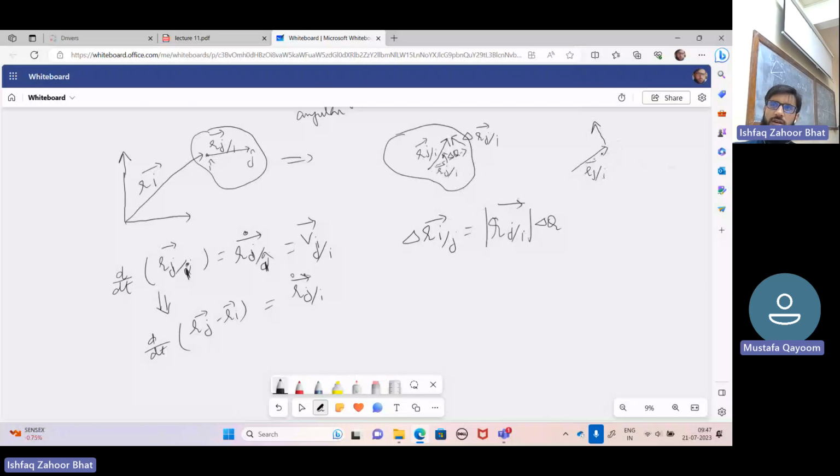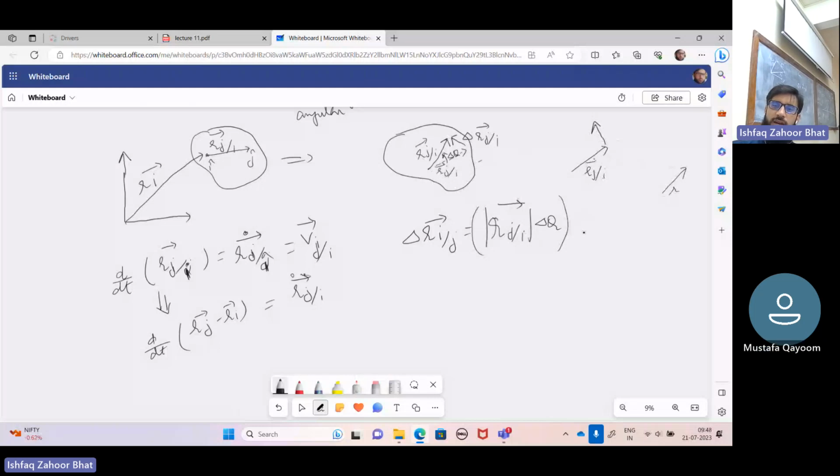Are you visualizing this? This is r_j and k is coming out. When you take k cross r_j, it will give you this direction. These all three are mutually perpendicular to each other, sir.